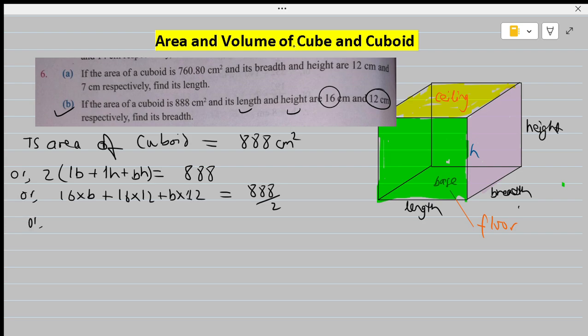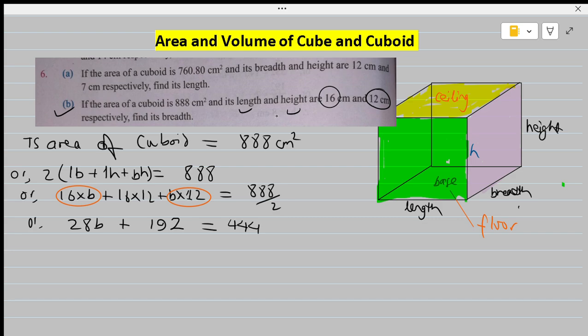Now these two, 16b and 12b, are like terms, so we add them, and you get 28 times breadth. And 12 into 16: 12 times 6 is 72, and 12 times 1 is 12, 12 plus 72... so 192, and that equals 444.